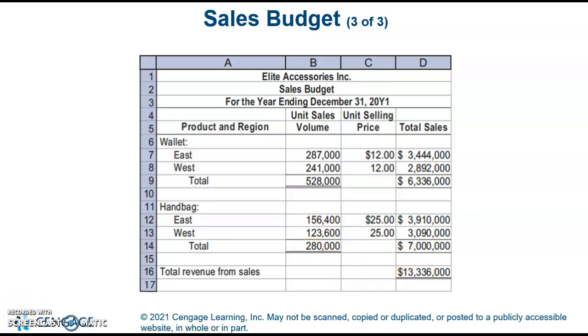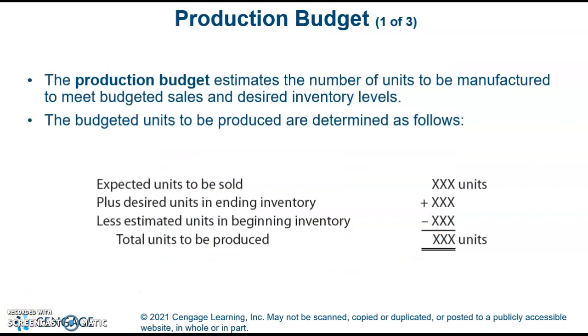So for the production budget, we're going to be looking at the total number of units that we need to manufacture to meet the sales. And we also want to build in the desired amount of inventory, because most companies want to have some inventory going into the next month or into the next period.